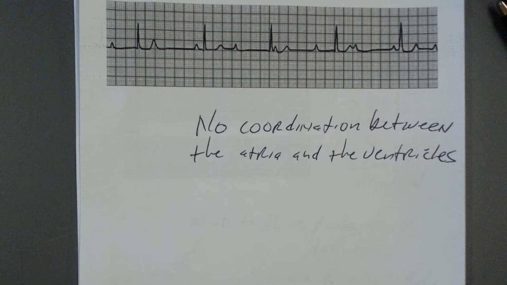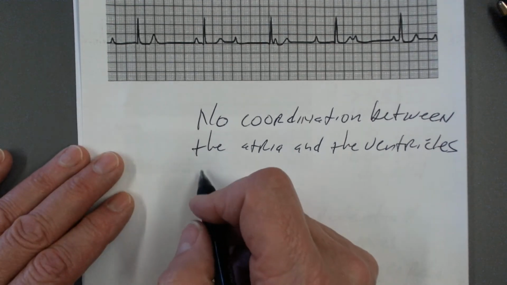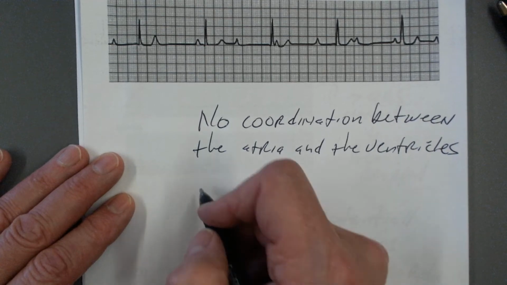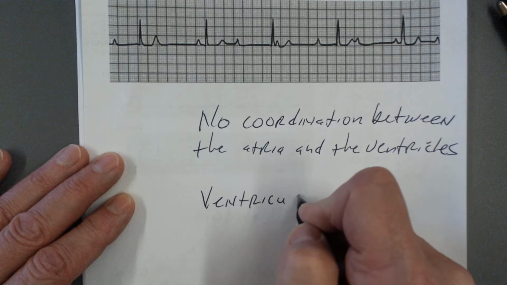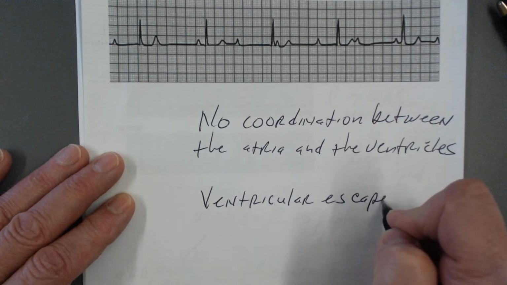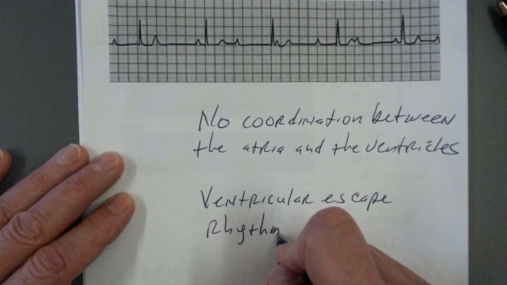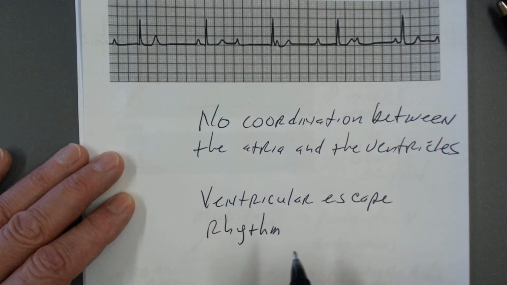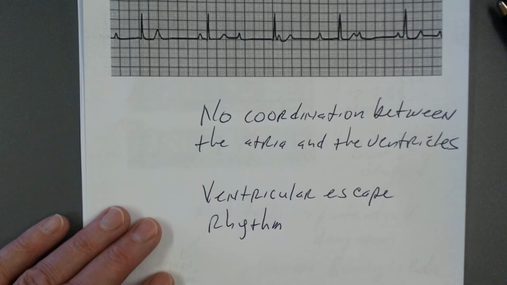The ventricles recognize they're not getting any impulse, so they respond by generating their own electrical rhythm. This is called a ventricular escape rhythm, and they're doing this more or less to hang on for dear life.